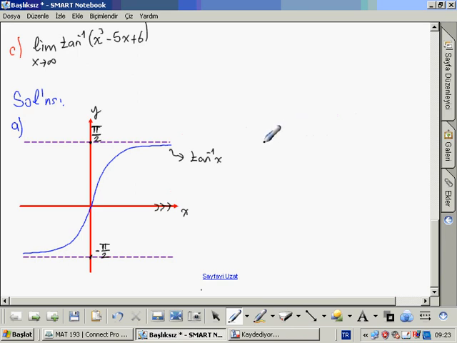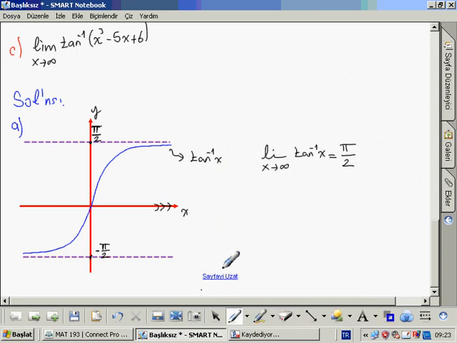So the limit as x goes to infinity of inverse tangent x equals pi over 2.